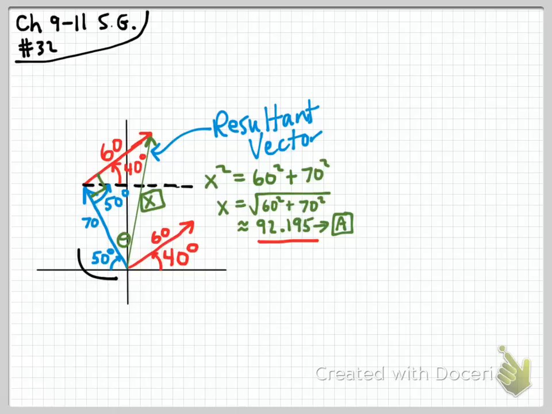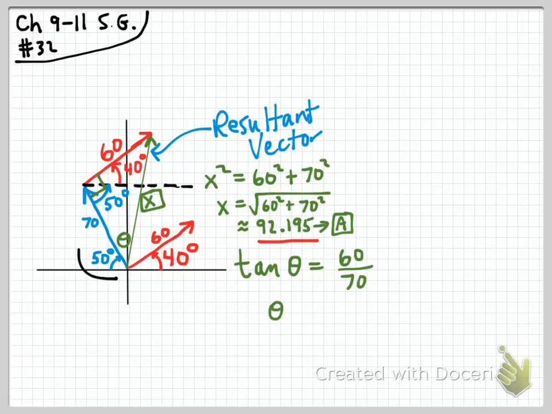And then again, we're going to use the fact that this is a right triangle here. The two vectors form a right triangle, and so we can use the tangent, SOHCAHTOA. I labeled this angle right in here theta. Tangent of theta equals the opposite over the adjacent, and the opposite side has length 60, and the adjacent leg has length 70.